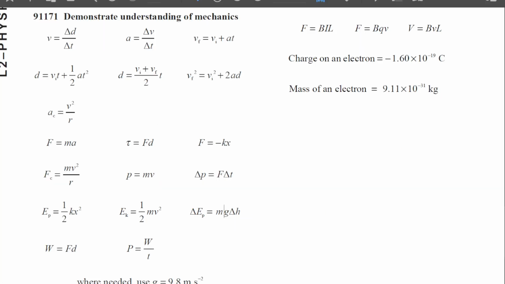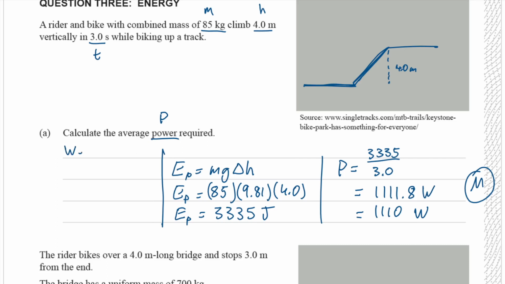Just as an aside, remember from level 1, work done equals force times distance. So the force in this case comes from the weight force, which acts down. The weight force is m times g, and then the distance in that vertical direction would be the 4 meters. So it's actually equivalent to the potential energy formula in this scenario.